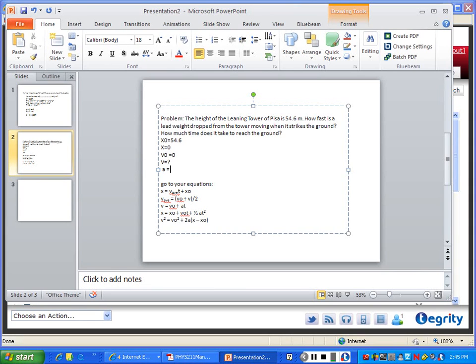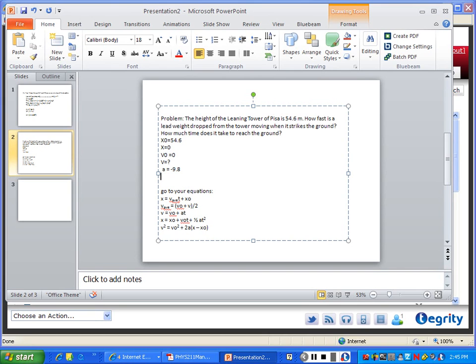Because we're going positive up, the acceleration of gravity, being downward, is directed in the opposite direction. So I'm going to give that a minus 9.8. Now I'm leaving out the units, which are properly meters, meters per second, and meters per second squared.